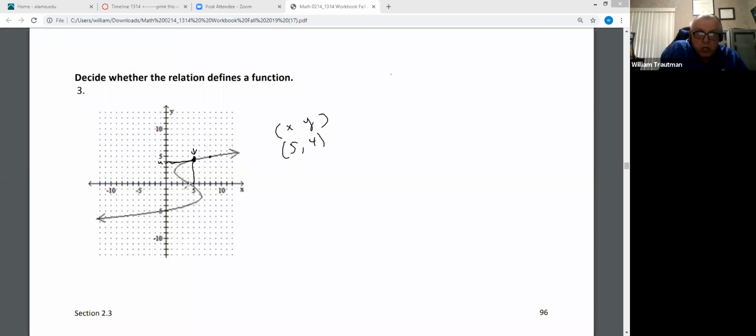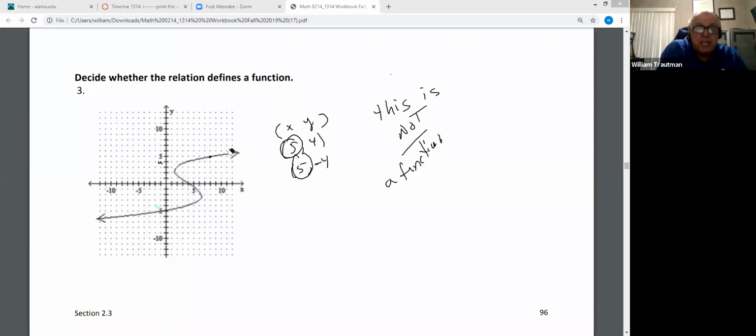Look at this coordinate right here. X is 5. Y is -4. I have a repeating X on my graph. This is not a function because it has a repeating X value.